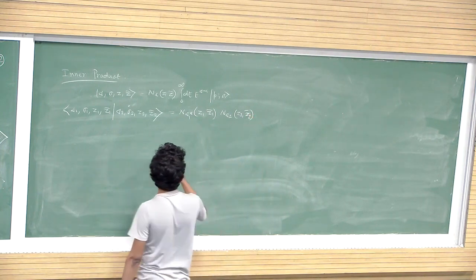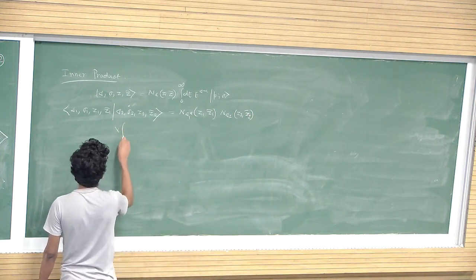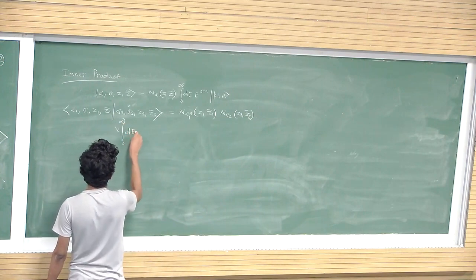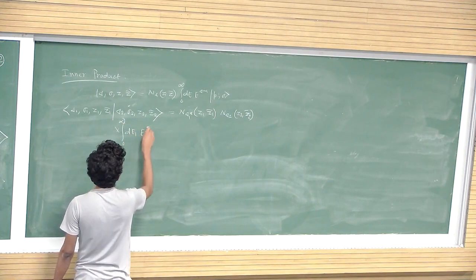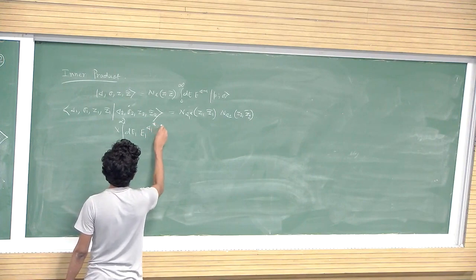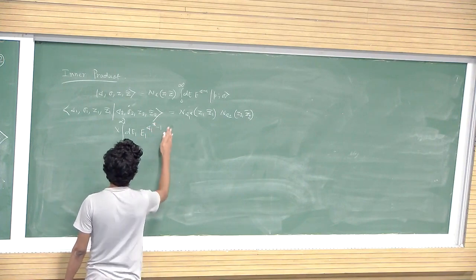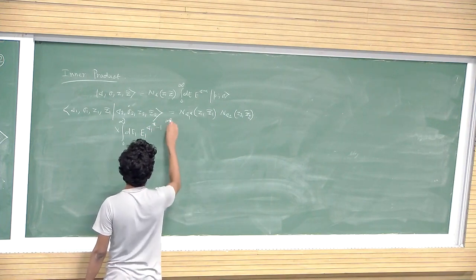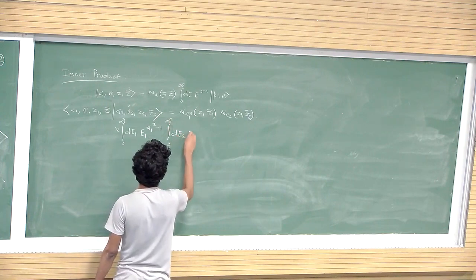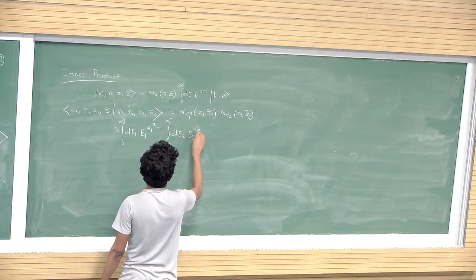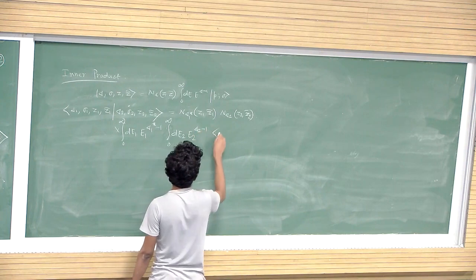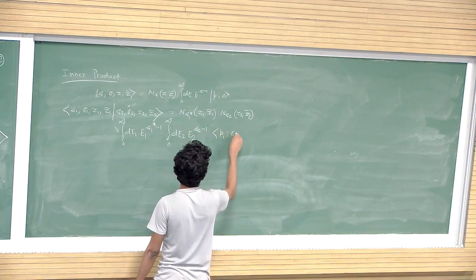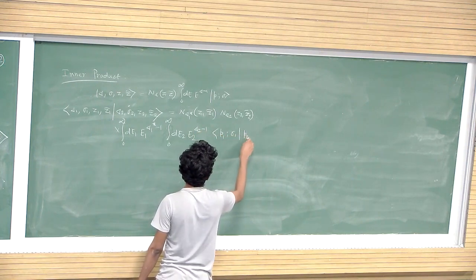And then this thing: integration 0 to infinity dE1 E1 to the delta 1 star minus 1, integration 0 to infinity dE2 E2 to the delta 2 minus 1, and then P1 sigma 1 P2 sigma 2.